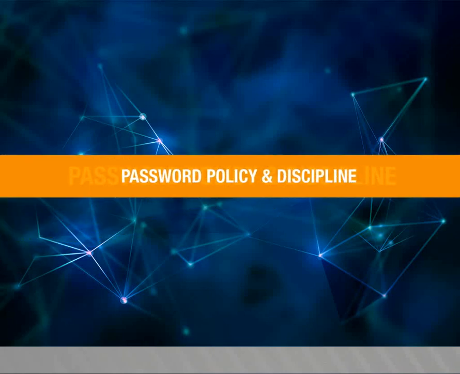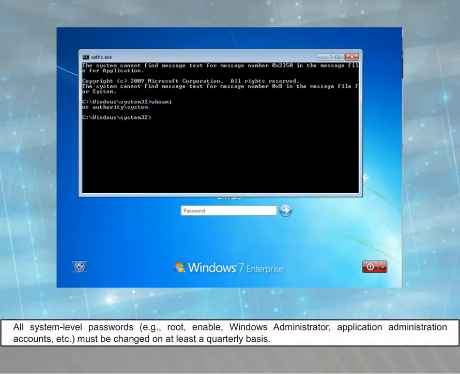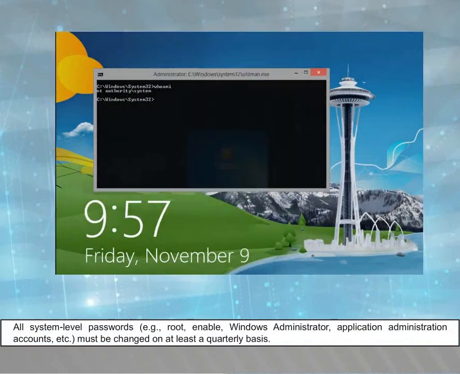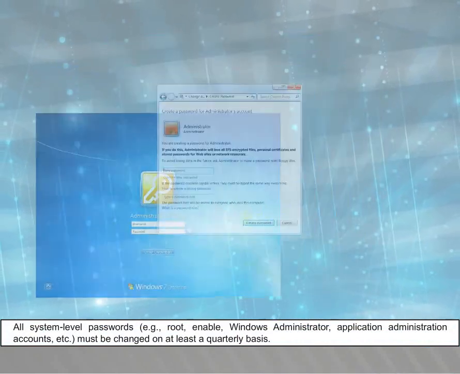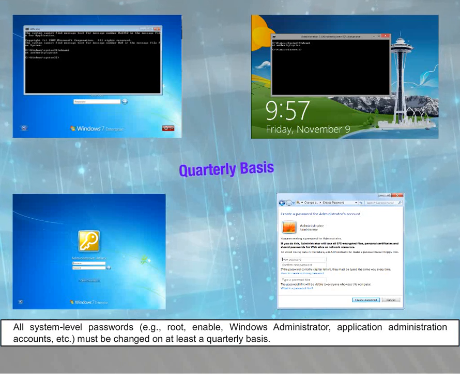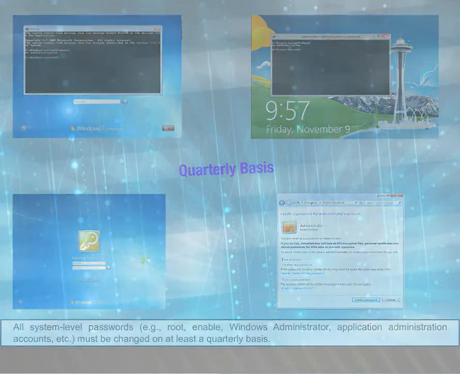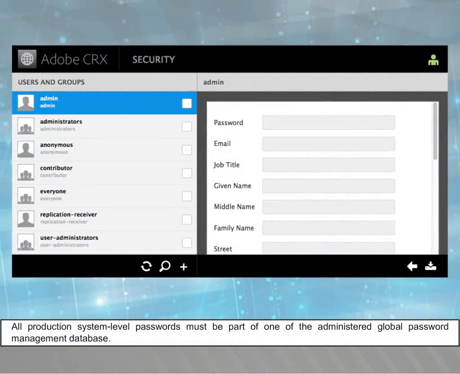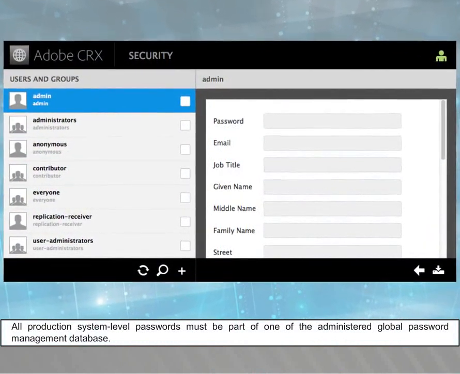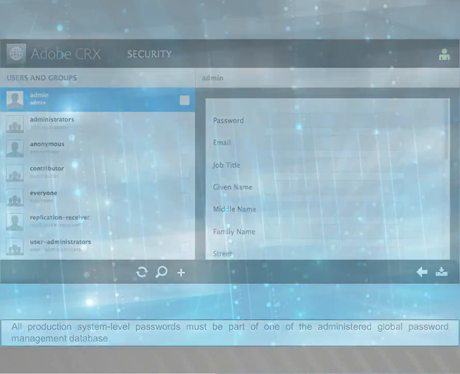Password policy and discipline. Now let us see the process of password policy and discipline. All system-level passwords, for example root, enable, Windows Administrator, application administration accounts, etc., must be changed on at least a quarterly basis. All production system-level passwords must be part of the administered global password management database.